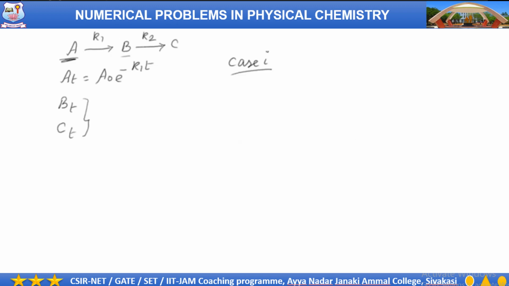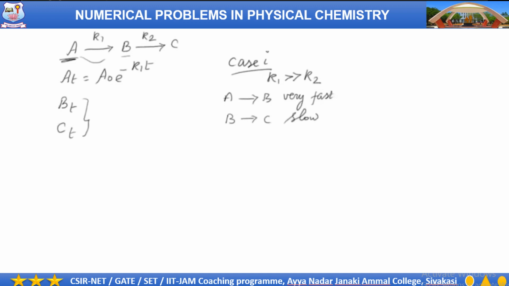Case 1, in which K1 is found to be very, very fast compared to K2. That is, the rate of formation, the A to B conversion, is very fast, whereas B to C conversion is slow.